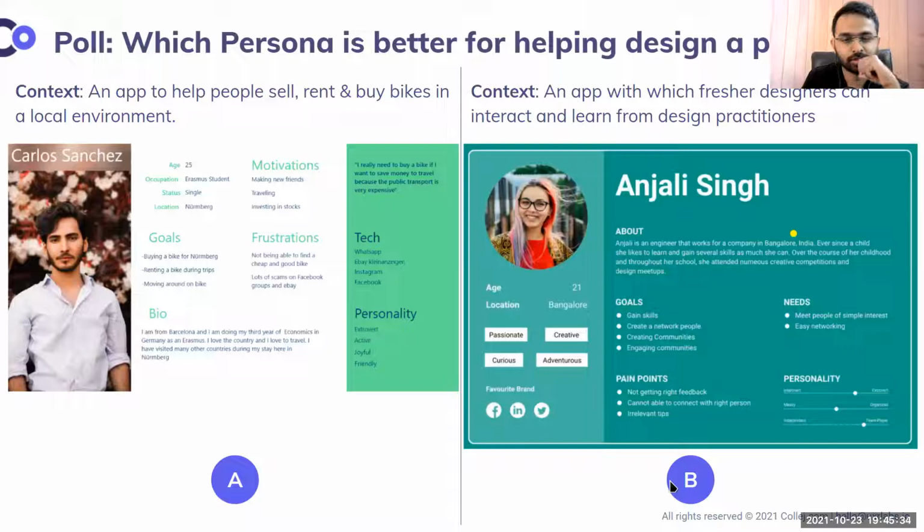Come on, a little more for 80%. Two more votes.